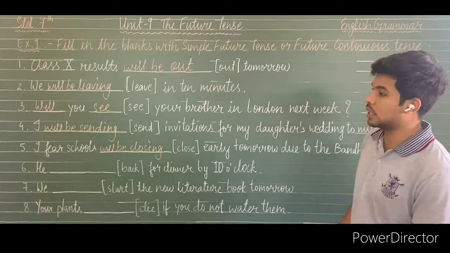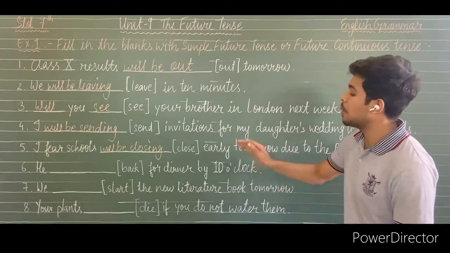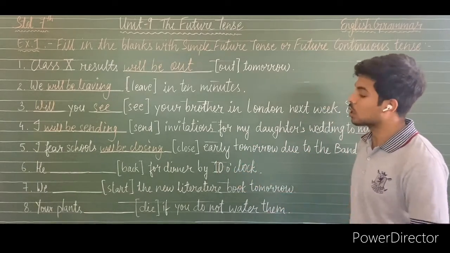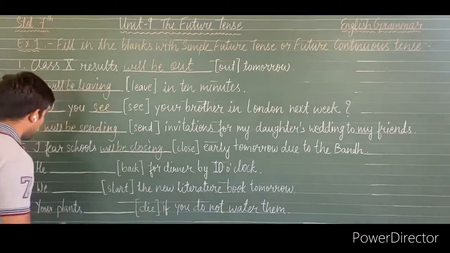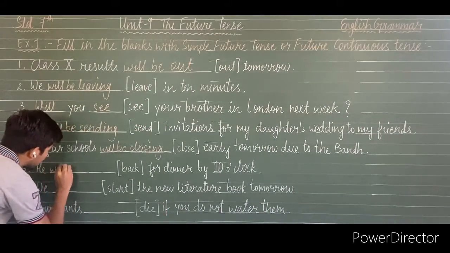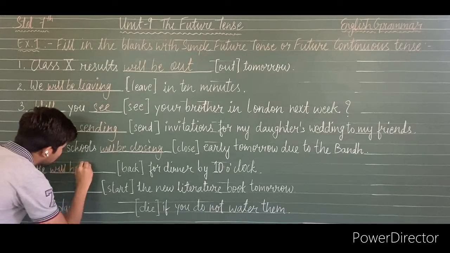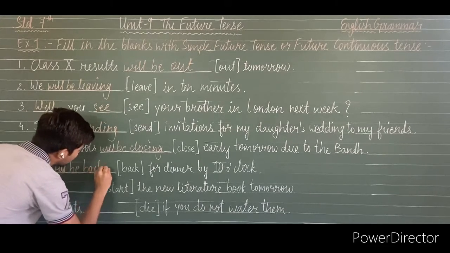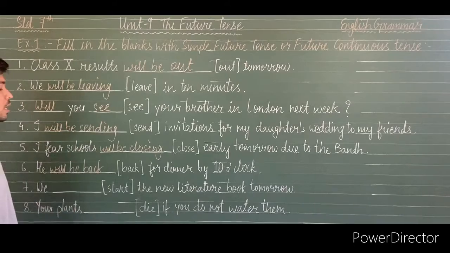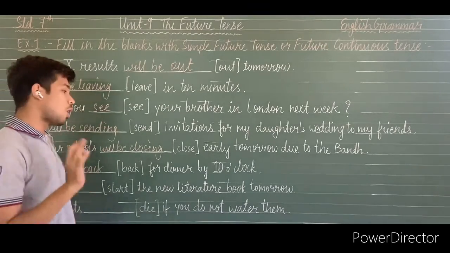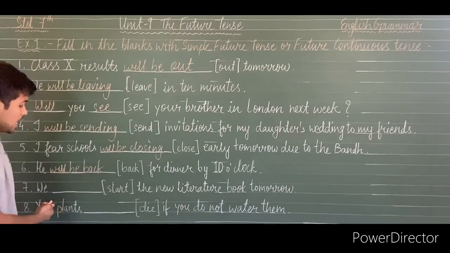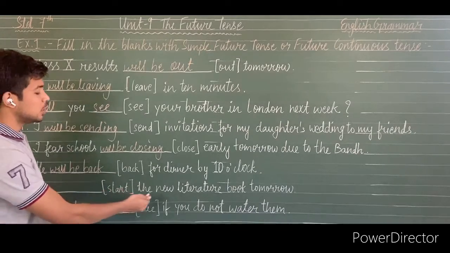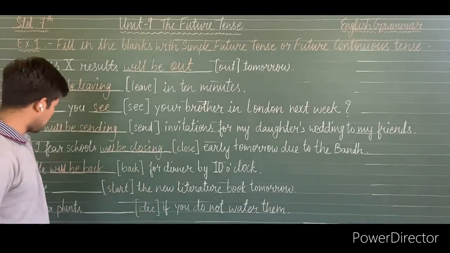Then the sixth one: he blank back for dinner by 10 o'clock. So he will be back for dinner by 10 o'clock. Now the seventh one is: we blank the new literature book tomorrow.